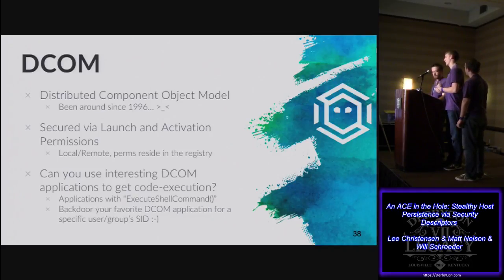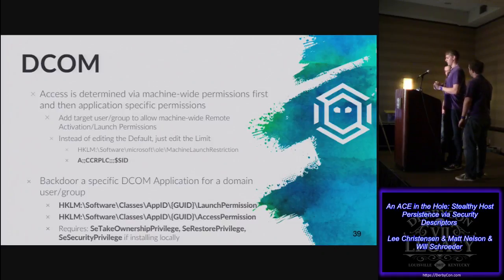When you're backdooring these objects, not all objects are interesting. There are a handful of objects that I blogged about recently for lateral movement. They have methods within them, like ExecuteShellCommand or ShellExecute, that let you run arbitrary commands on the remote host. So backdooring those for a specific user will give you the ability to run arbitrary commands on the remote host, obviously.